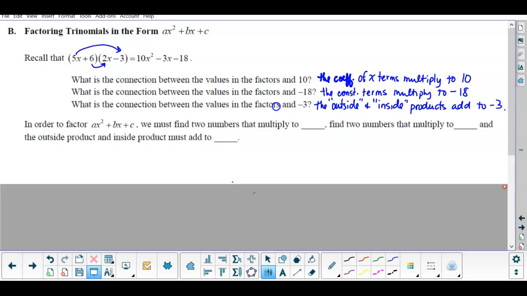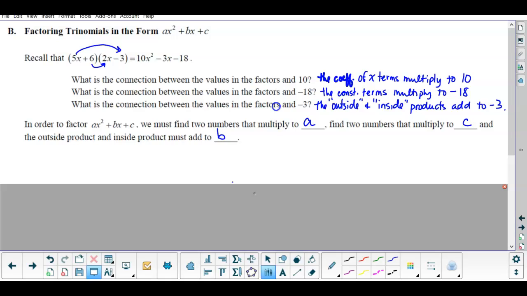Okay, so that's just a connection. That's not going to necessarily factor it for you, but it helps you find the values. So basically here we want to find two numbers that multiply to A, two numbers that multiply to C, and the outside and inside product must add to B.